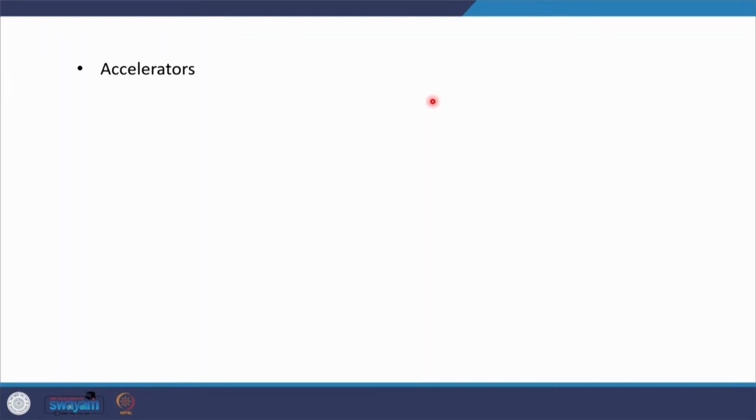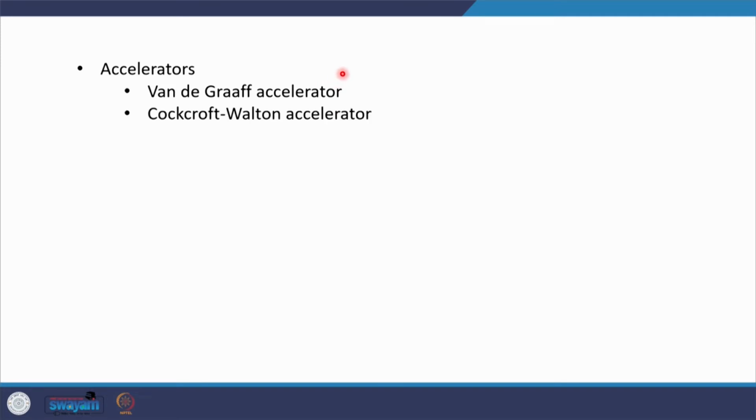And in accelerators, if you see what kind of accelerators we come across. You are aware of the Van de Graaff generator for relatively low energy proton beams. Then one can go for the initial version of the linear accelerator, that is the Cockcroft-Walton accelerator, and one can go for the dynamitron, one can go for the tandem accelerator, and for compact size one can go for the cyclotron, and we can also use the synchrotron, which is the extended version of the cyclotron.